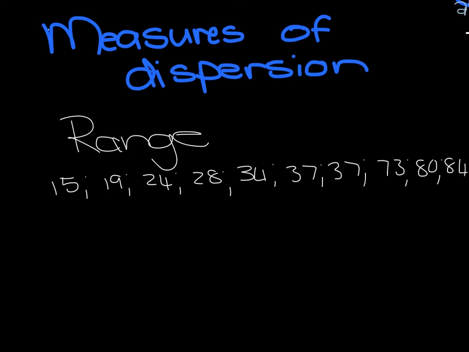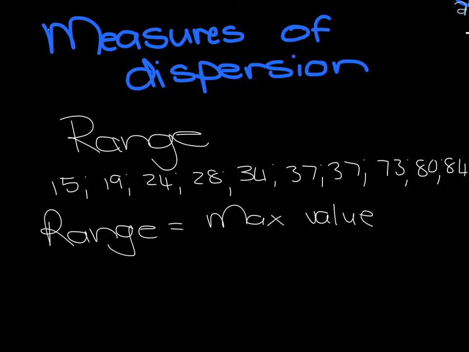And if you take that same numbers we've just worked with, it's arranged from smallest to biggest. With range, you take your max value minus your minimum value, and that is your range.